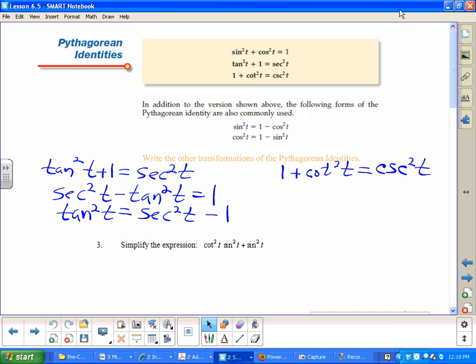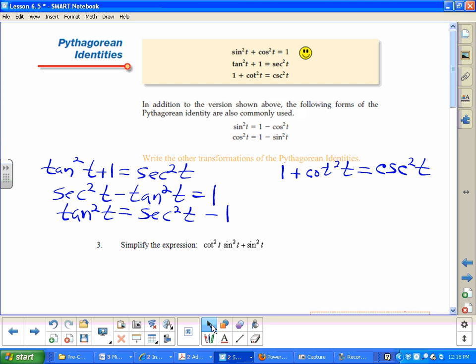All right, so the Pythagorean identities. When working with the unit circle, these three identities are always true. We have that sine squared t plus cosine squared t equals 1.